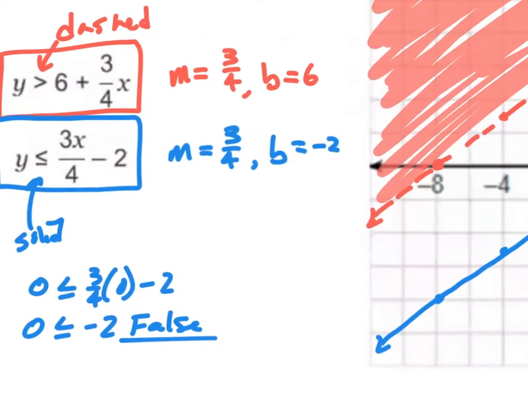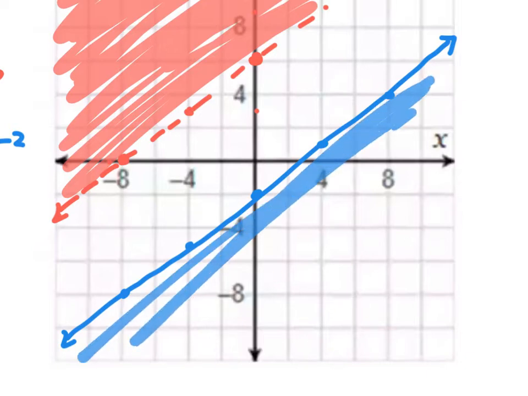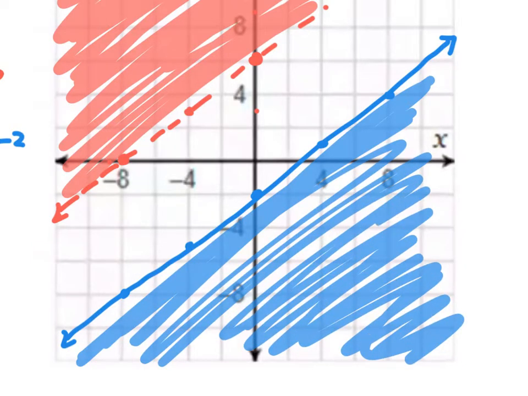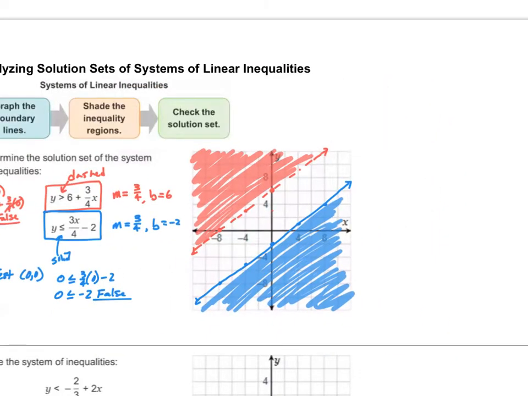Because 0, 0 is here, I need to shade in the opposite direction. Once I shade strictly below this line, we can see that there is no solution to the system.